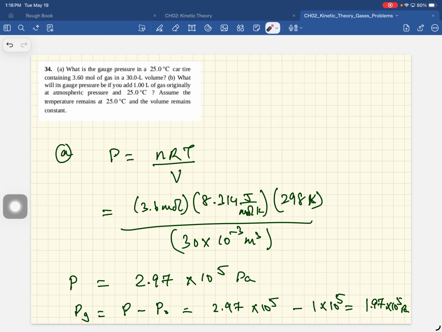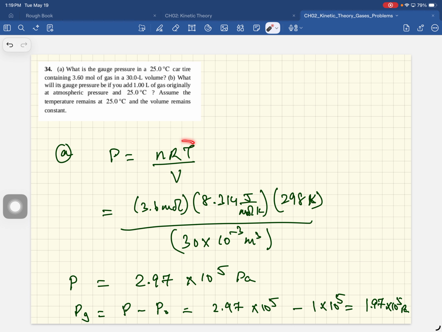The root mean square velocity of a molecule is the square root of 3kT over m. In this formula, m is the mass of a single atom or molecule, and you can multiply this by Avogadro's number, and k times Avogadro's number becomes R, and m becomes molar mass. So this is also equal to the square root of 3 times RT over molar mass.